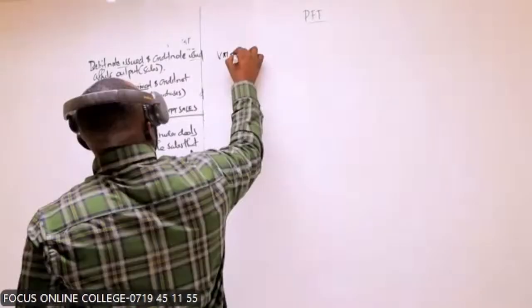VAT payable or refundable will be equal to output VAT on sales, minus input VAT on goods sold at the standard rate and zero rate.